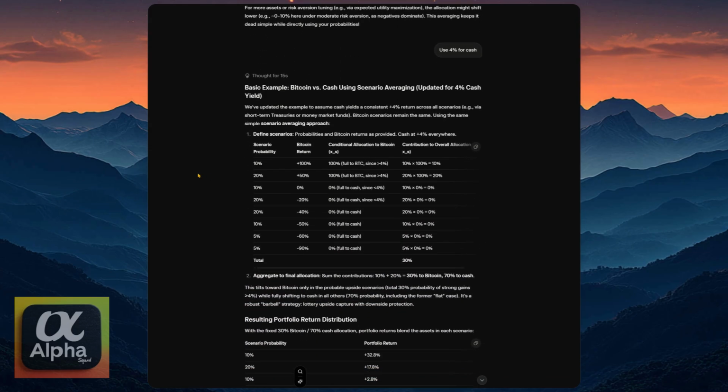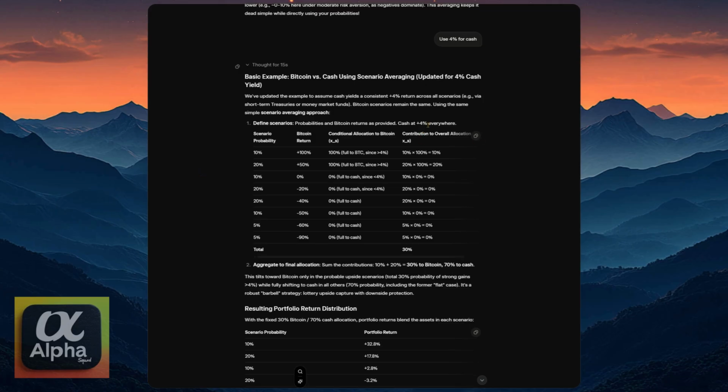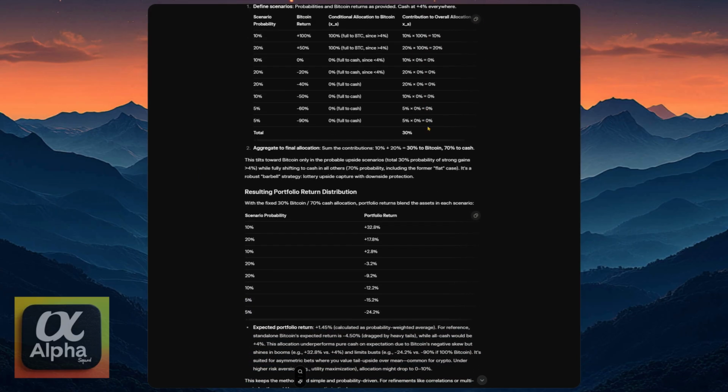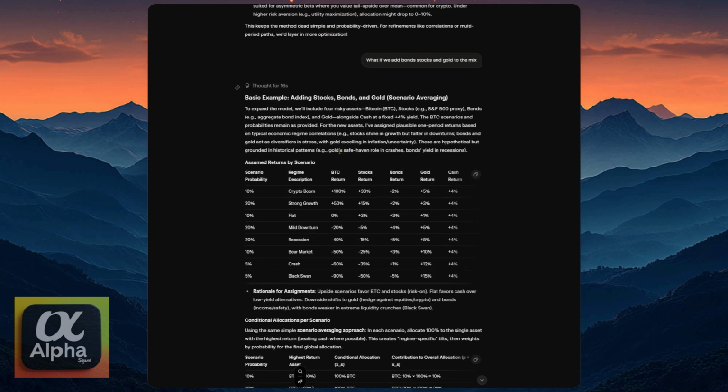Now I told AI, what if cash is at 4% instead? So if cash is at 4%, now you go down to 30% Bitcoin and 70% cash because now you're earning some funds into cash. Now let's go down and add some gold and stocks and bonds to that.